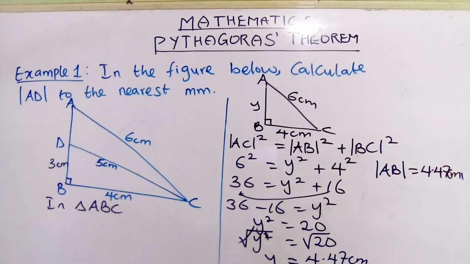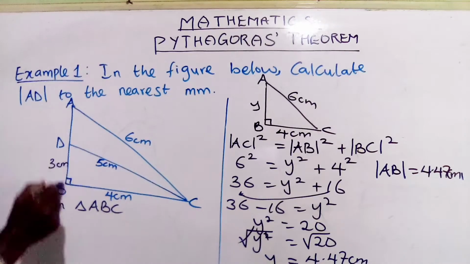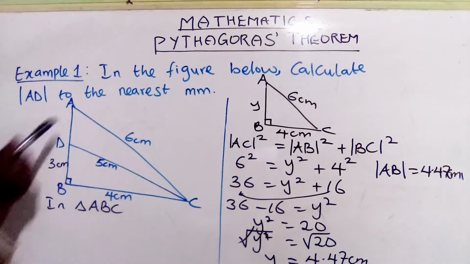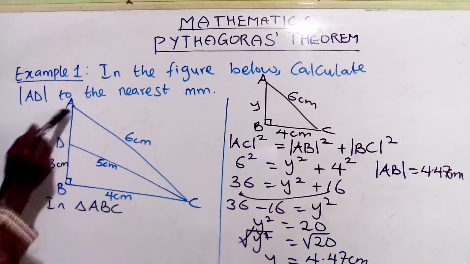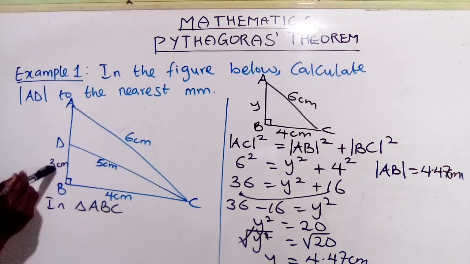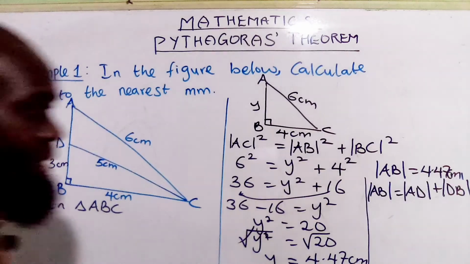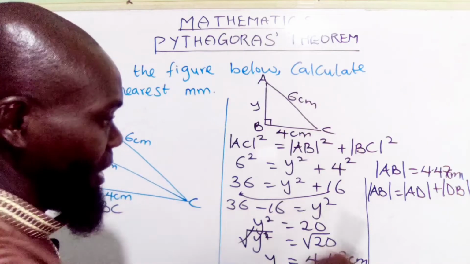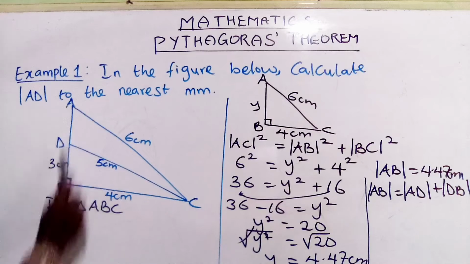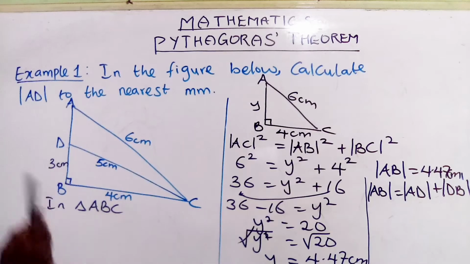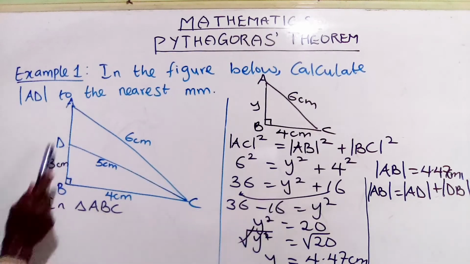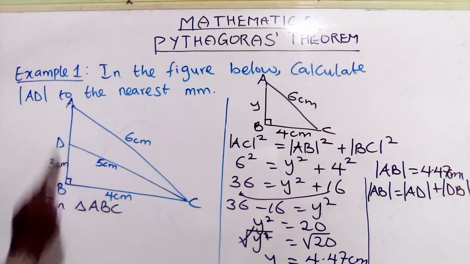Now since we are able to get our line AB and our line DB, and we now need line AD, the next thing is to subtract. You take away this three from the whole length to give us this place. Now let's look at this. Our line AB will equal line AD plus line DB, because the whole length here means addition of this and this.